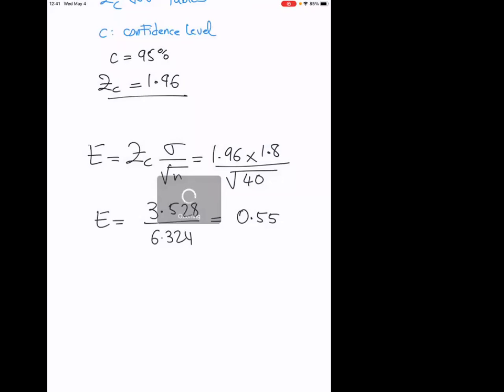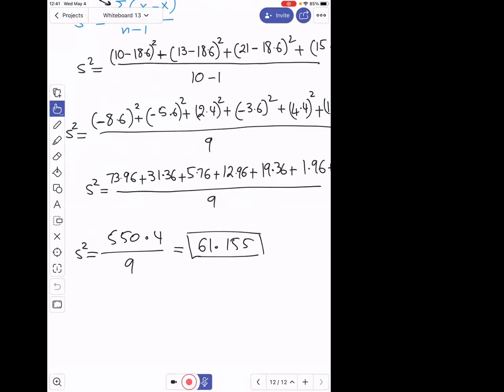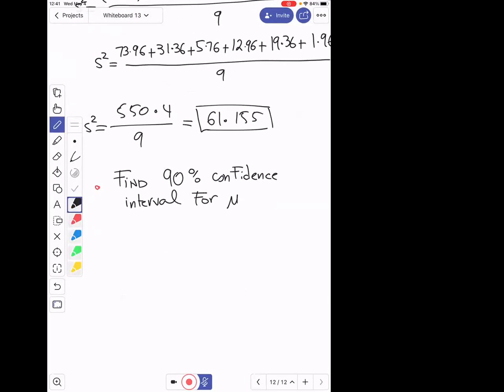So yeah, you need to find a 90% confidence interval for the population mean mu, which is the number of goals scored by NHL hockey players in the last season. As usual, the confidence interval is X bar minus E, X bar plus E. That's what we mean by the confidence interval.